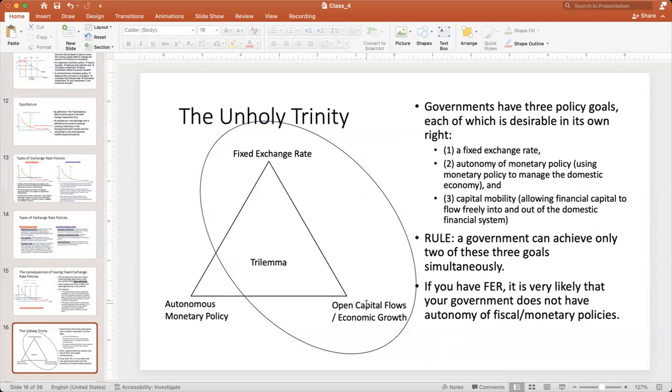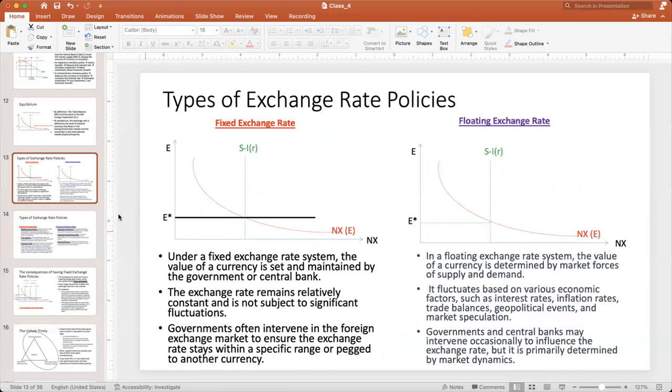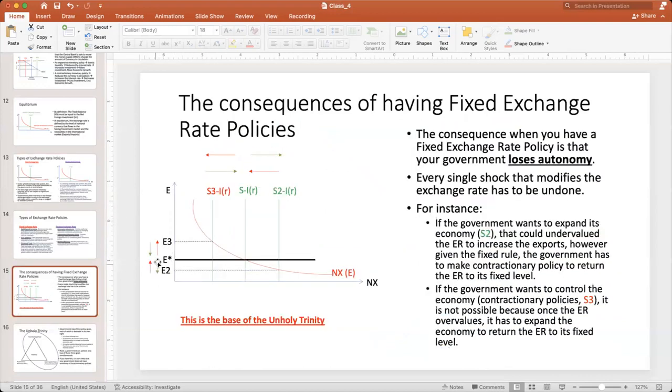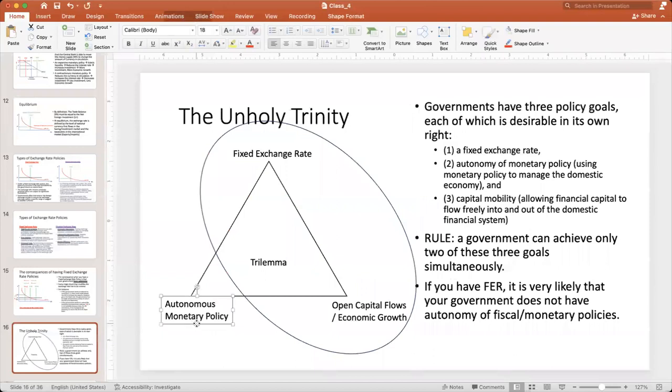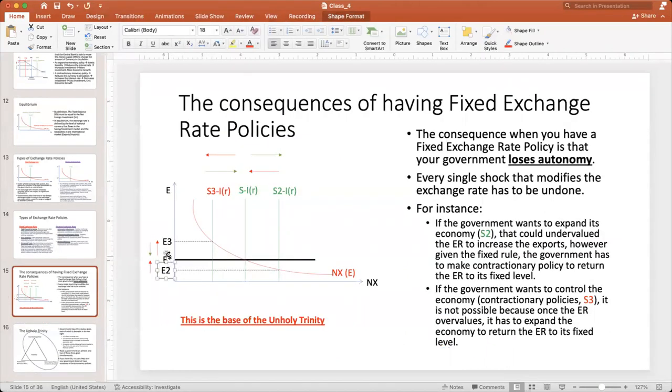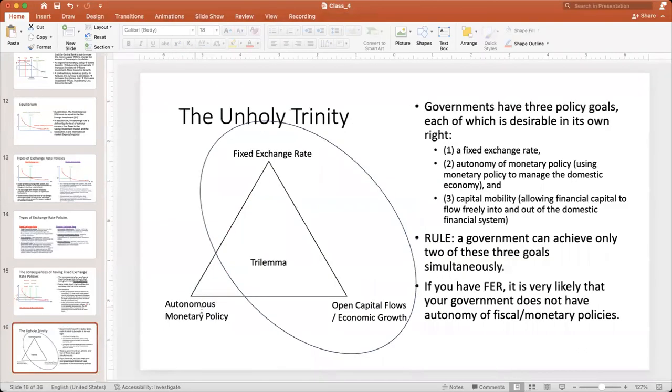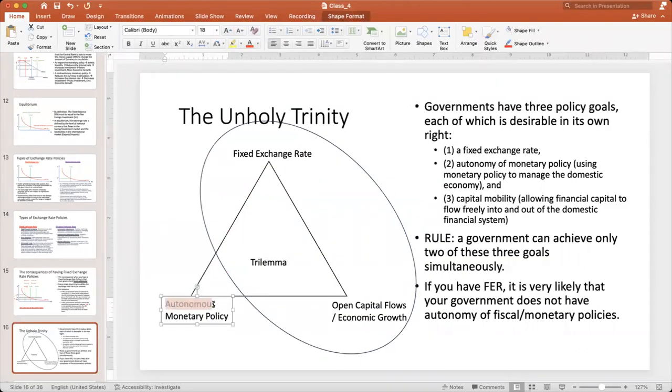And once he does that, that will change the exchange rate. So the government could only use monetary policy to intervene in the economy to return the exchange rate to the fixed level. So the government is losing its autonomy.